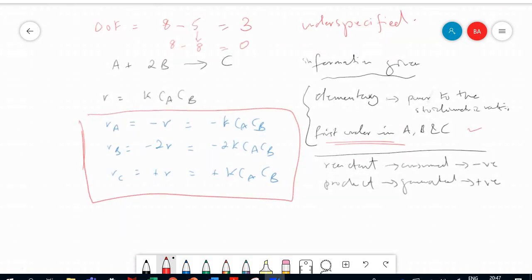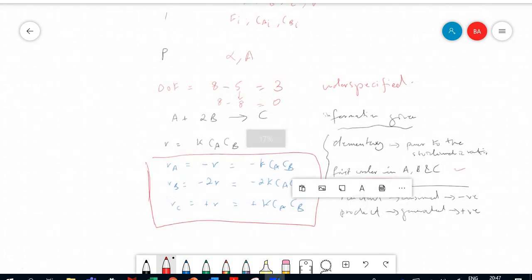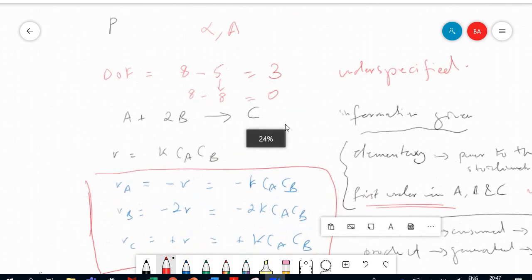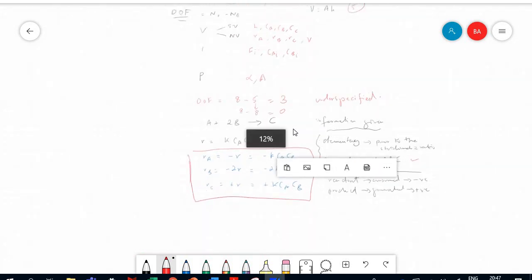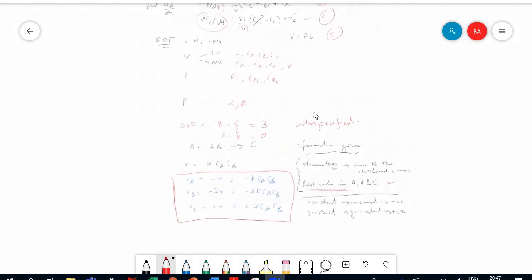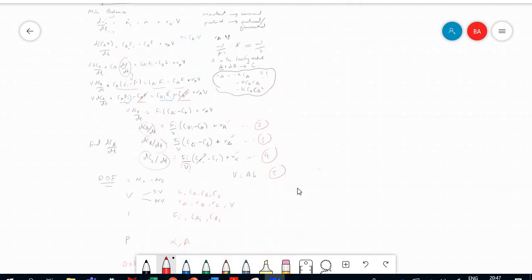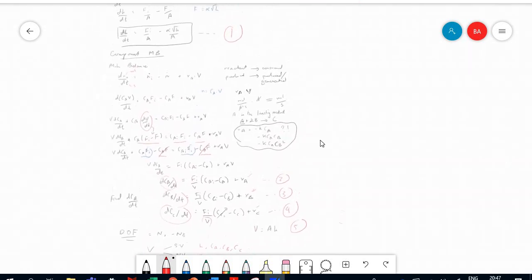These are the equations that we have for the system. I'll zoom out just to get the overall picture. So yep, we started from here.